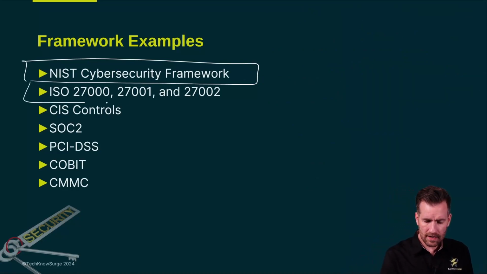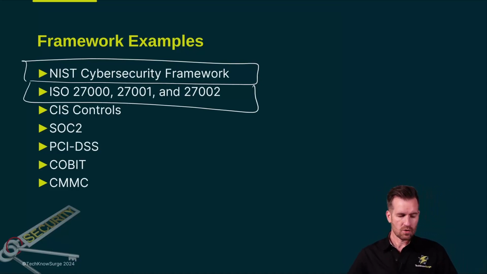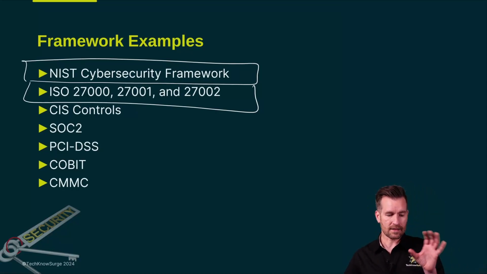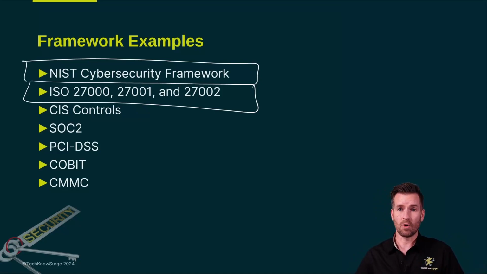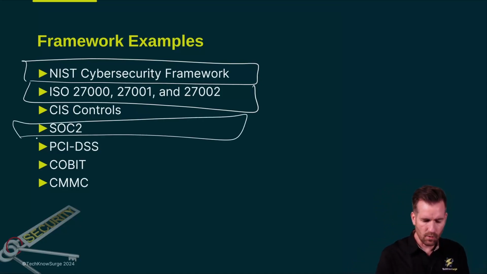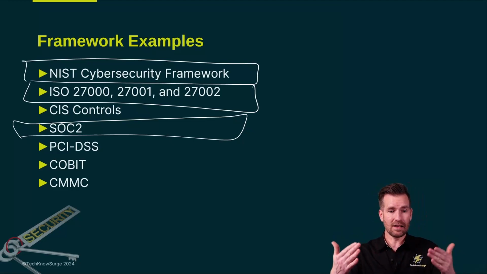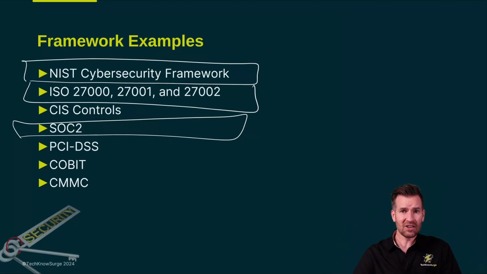This one right here is one of the most popular in the world, so ISO 27000, 27001, 27002. They each define something a little different, but that is one of the more popular ones. And then, one of the ones that I've had to work with is the SOC 2. So if you're looking for some sort of compliance and proof that you are reaching certain levels, this SOC 2 has an auditor that comes in.